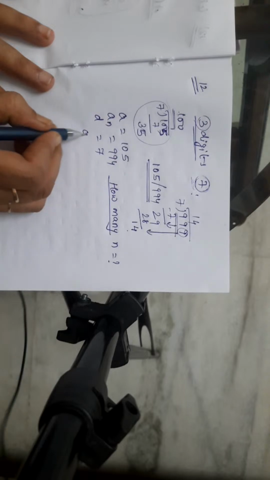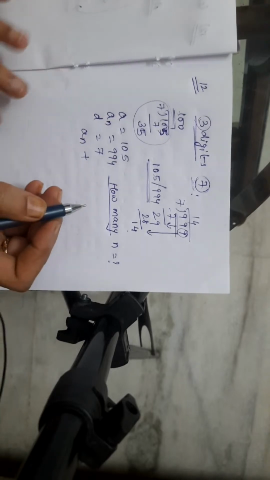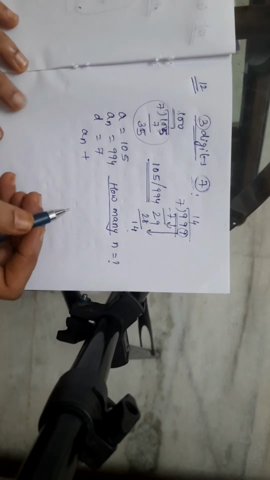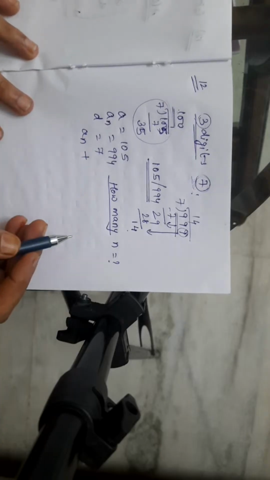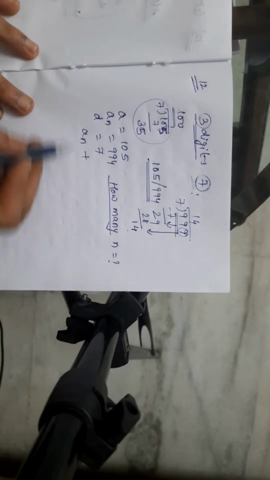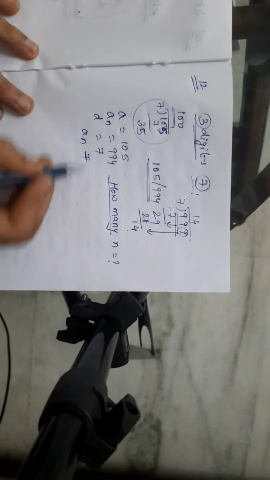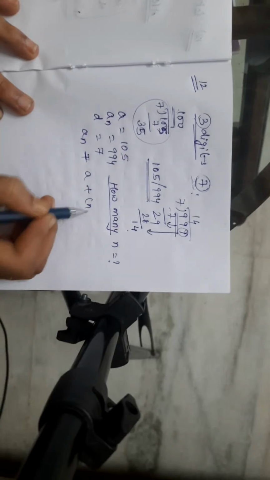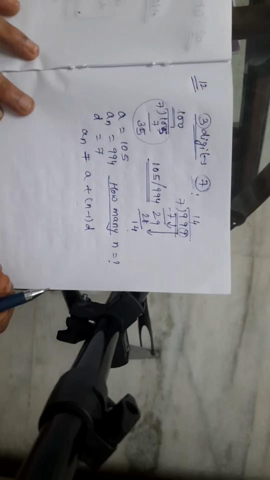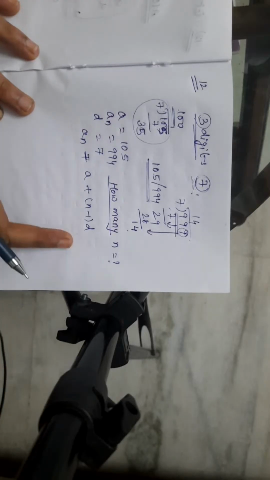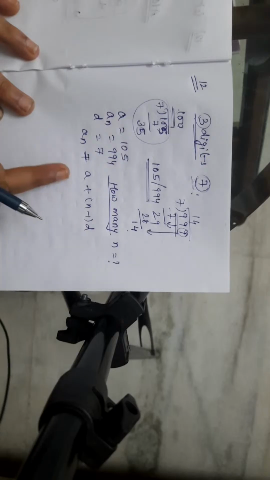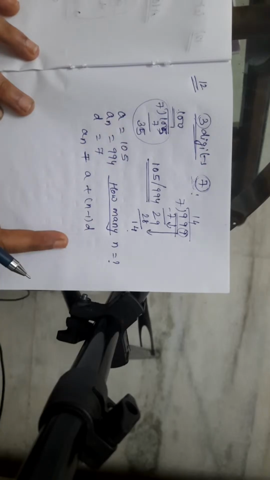Now the equation as usual. As I told, this chapter is very simple, where the whole exercise revolves around this simple first equation only: an is a plus n minus 1 d. The thing is you need to learn how to apply all the values. Once you learn what is a, what is n, what is d, this whole exercise will seem very simple.